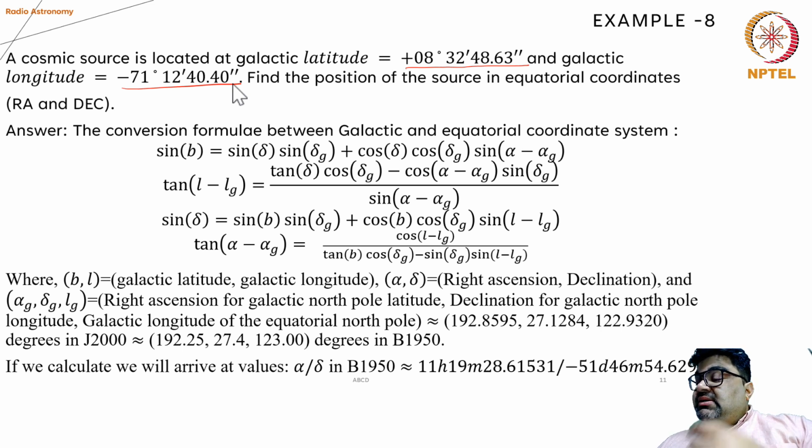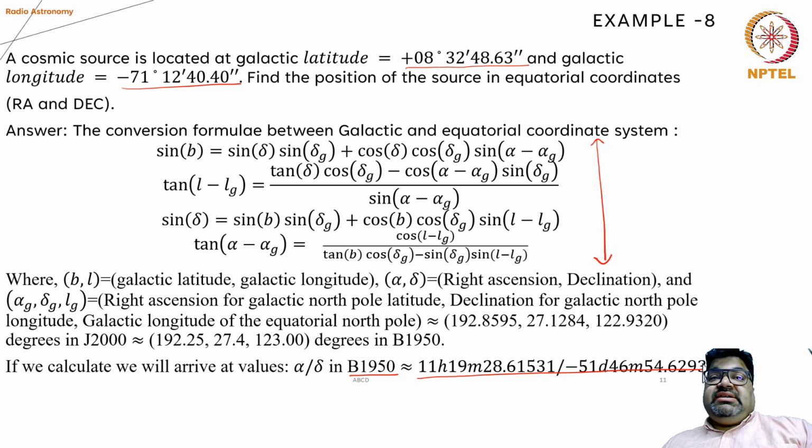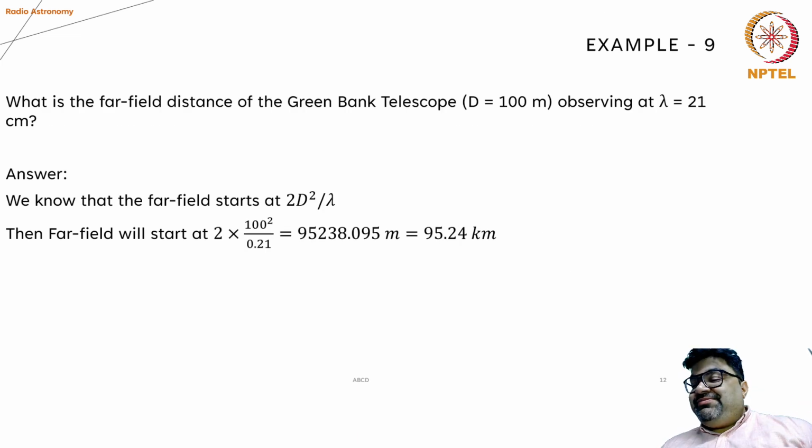If you follow the coordinate transformation given in the lecture notes, you just simply put the values and you will finally find that alpha and delta in an epoch of 1950 is given by this. So it's simply substituting the values, and we haven't derived it. It's a bit cumbersome and we will stay away from it because it's just an introductory course in radio astronomy.